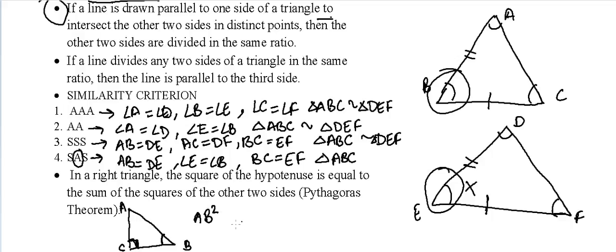AB square is equal to the sum of squares of the other two sides, BC square plus AC square. For a right angle triangle, this is always satisfied, and this is known as the Pythagoras theorem.